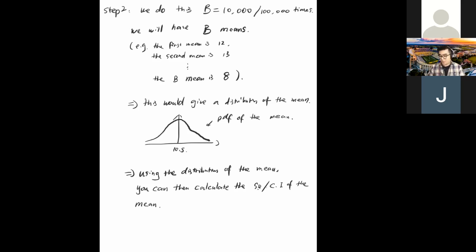But the point here is that we can use this bootstrap to find the standard error and the confidence interval of the mean. It's really like magic. And actually, people show that in large samples, this confidence interval and standard error converge in probability to the true standard error and the true confidence interval, which is very, very powerful.